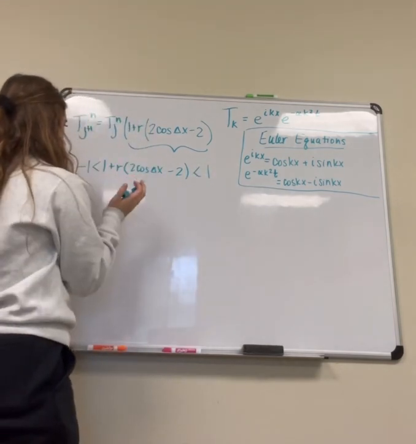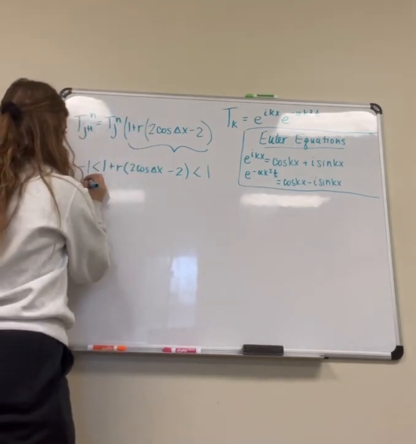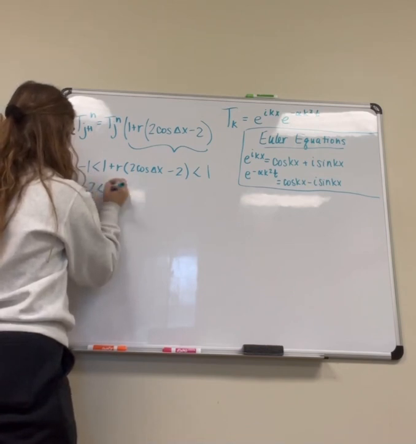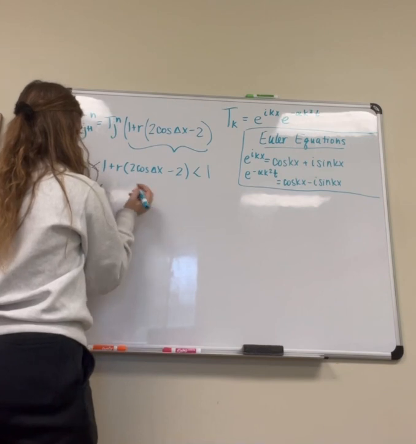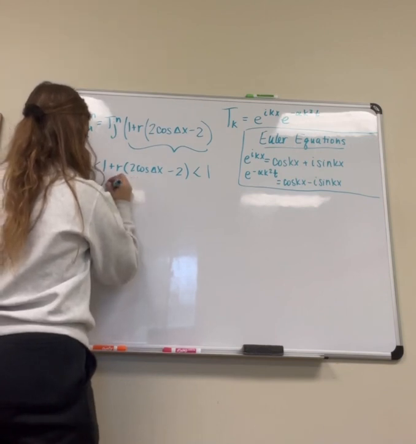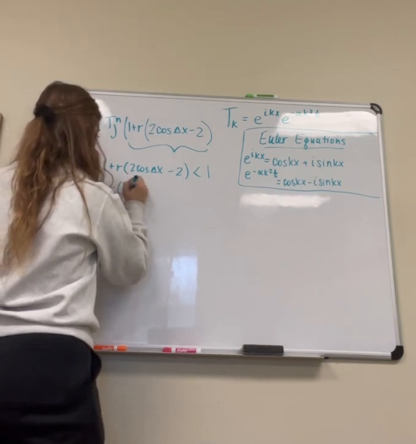And so then we are going to pull the 1 out, and it's going to be -2 less than r.